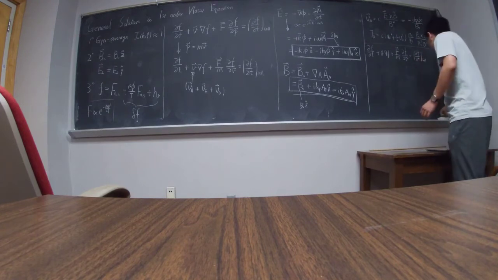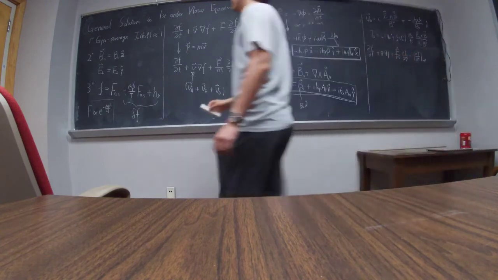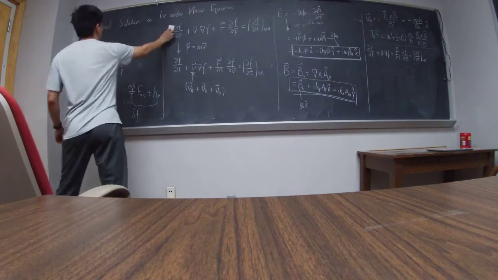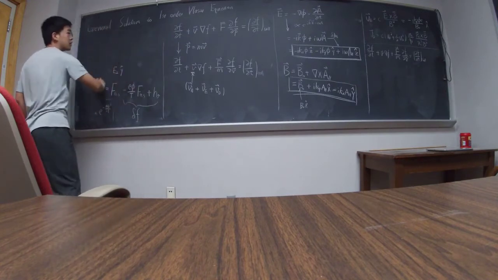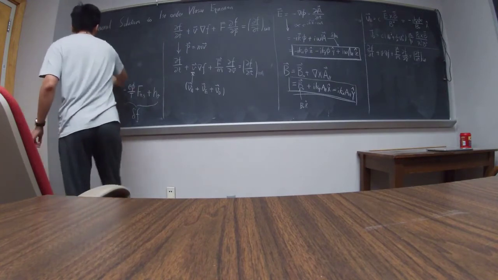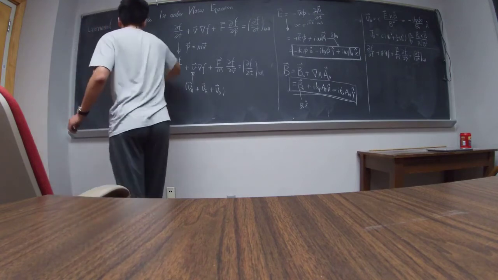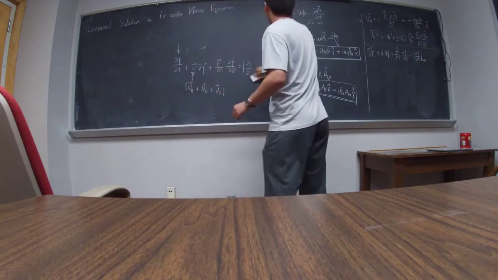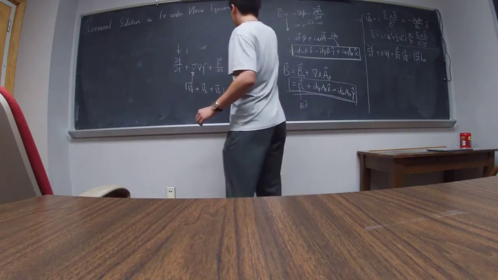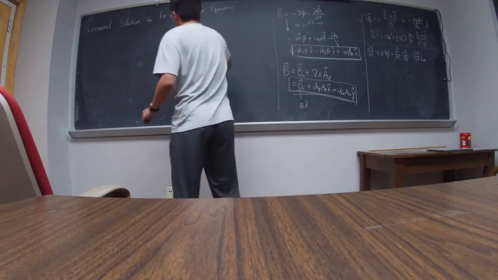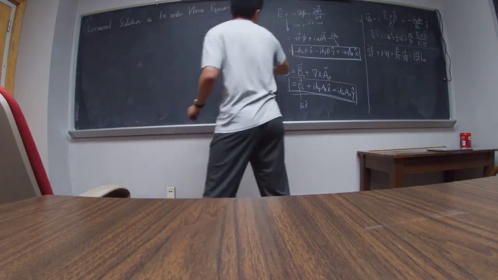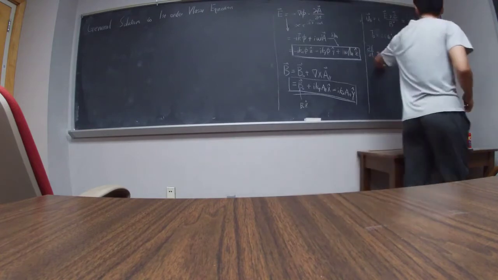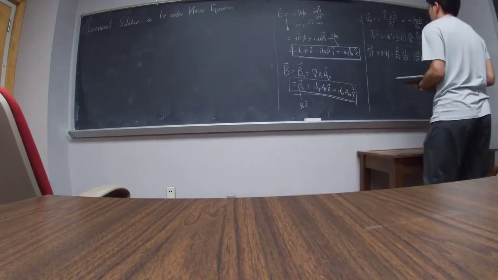So far we have calculated the electric field, magnetic field, and the drift velocity. And now we can apply those quantities to our Vlasov equation.